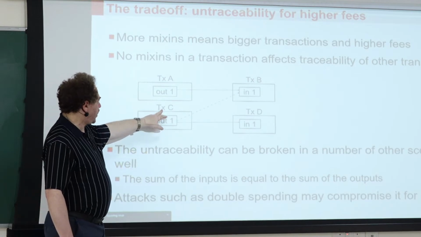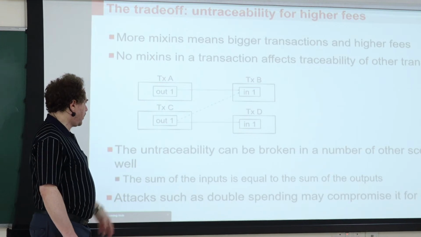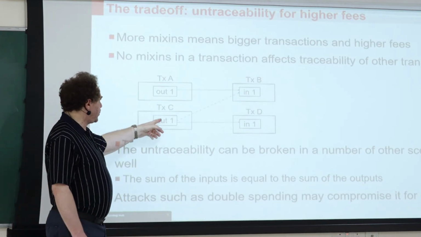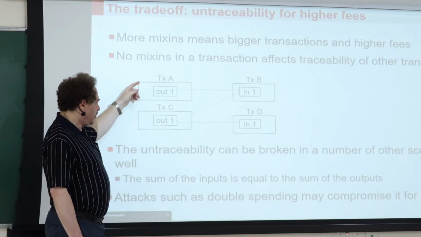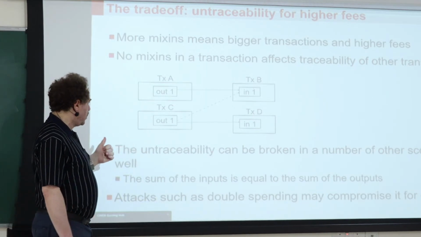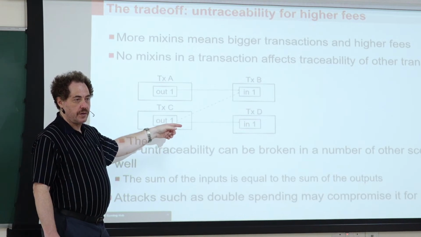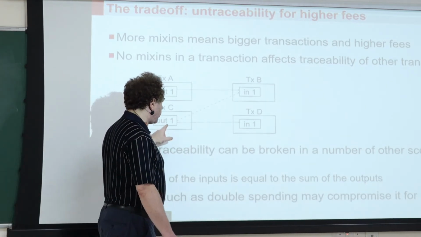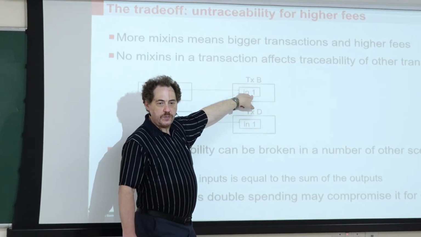So the sender of transaction C decided to break traceability for itself. However, it also creates a problem for transaction A, because the sender of transaction A decided to use 1 mix-in, which happened to be exactly this output. However, now everyone knows that this output corresponds to this input, so it cannot correspond to this output.